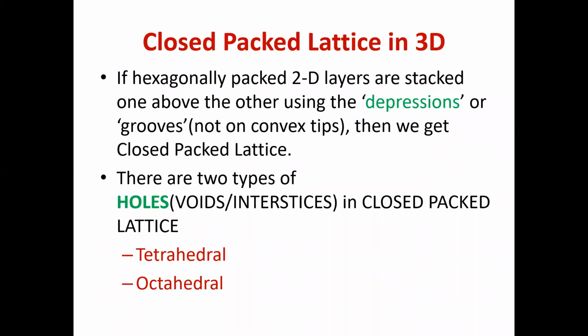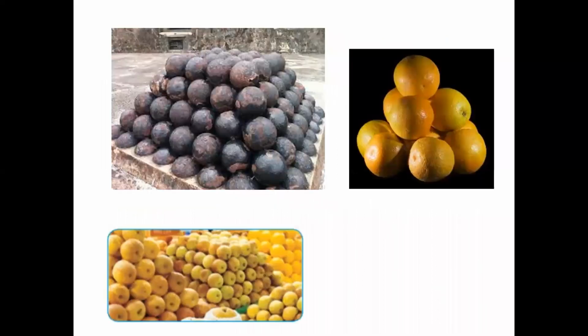Now, the most important thing is the close packed lattice, the hexagonal close packed lattice. All the spheres are packed using depressions, whether it is a single layer, where the second line of spheres uses the depression between two spheres, or a three-dimensional stacking, where we use the grooves or depression of 3 spheres.